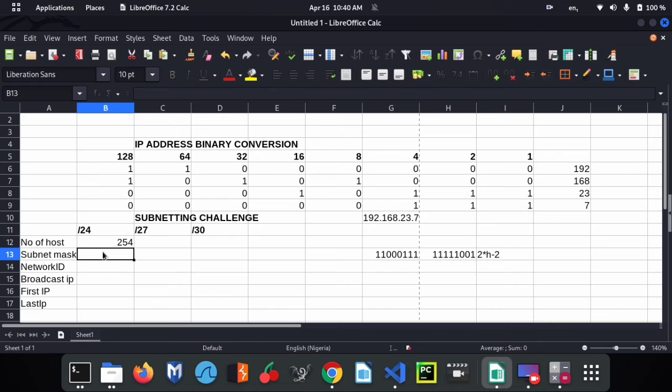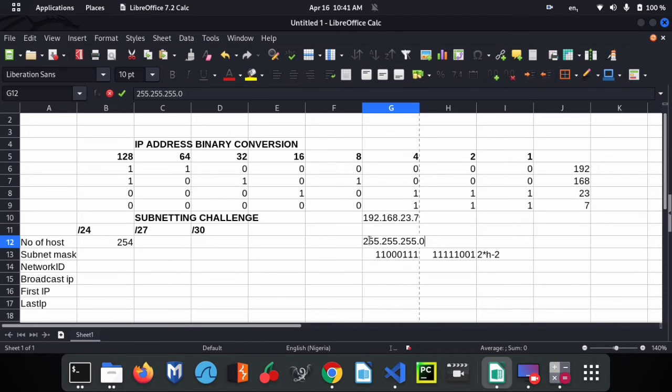Now to get the subnet mask, because we are dealing with a /24, I don't know why I keep saying dash. Our subnet mask is usually 255.255.255.0, something along that line, depending on the class range.